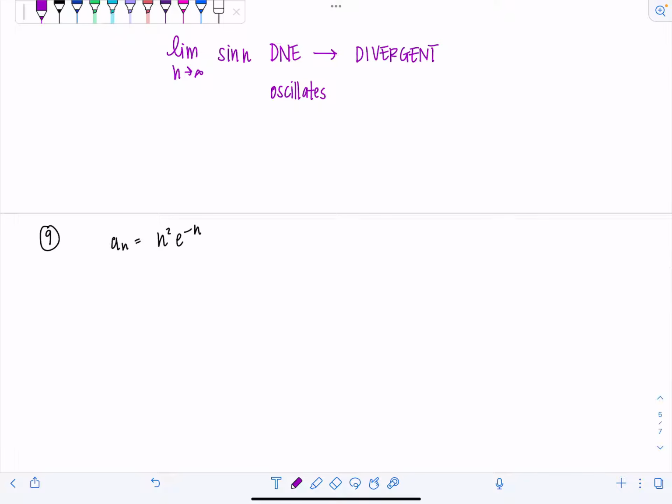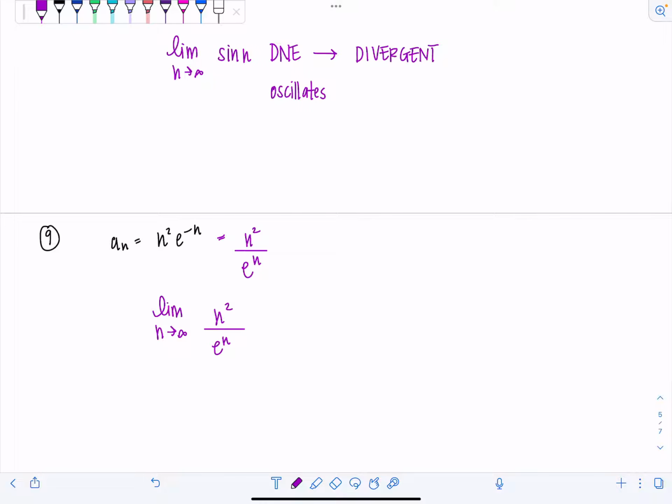Let's look at a couple more cases where we can employ some of the methods I listed in the beginning of the video. So here we have a_n equals n squared times e to the negative n. I always like to rewrite these negative exponents in the denominator just because it helps me get an idea of what's going on better. So let's try to take the limit directly. Limit as n approaches infinity, n squared over e to the n.